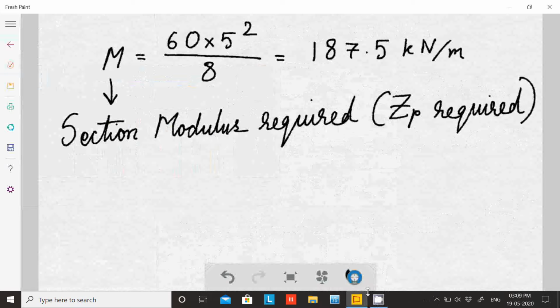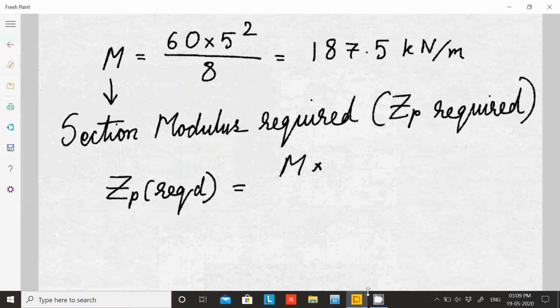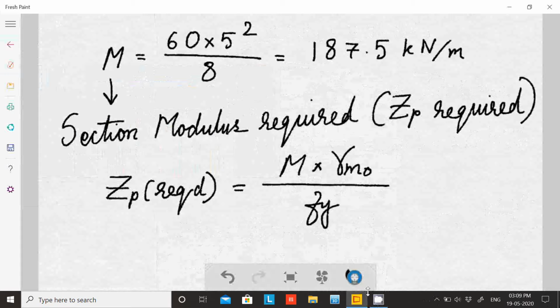The formula is ZP required equals M into gamma m0 by fy.